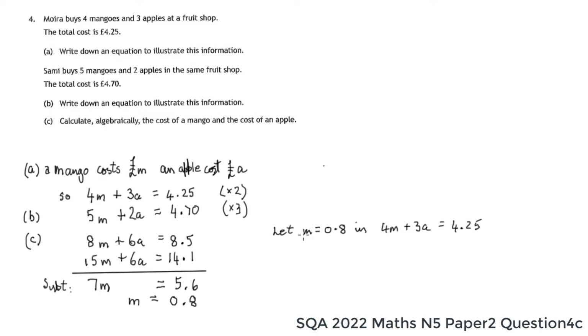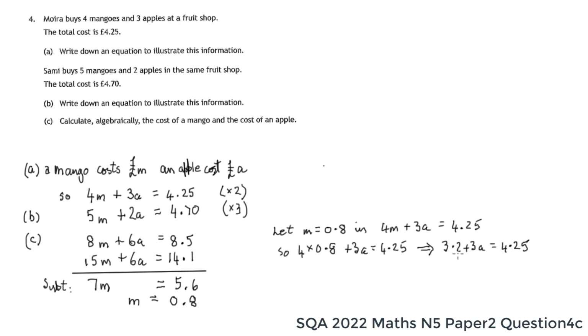So we do a wee substitution. So 4 times 0.8 plus 3a will give us 4.25. So calculating that out, 4 lots of 0.8, do that in your calculator if you want to, it's 3.2 plus 3a is 4.25.